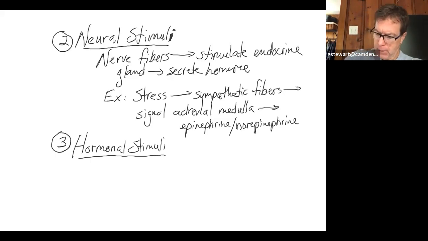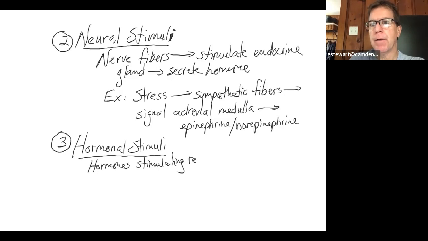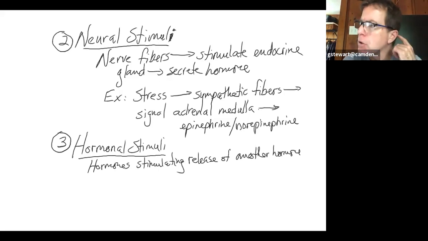So this is just hormones stimulating the release of another hormone. So when one hormone binds to its surface receptor on a cell and it changes that cell's metabolism, then that cell then synthesizes and secretes another hormone and releases it.